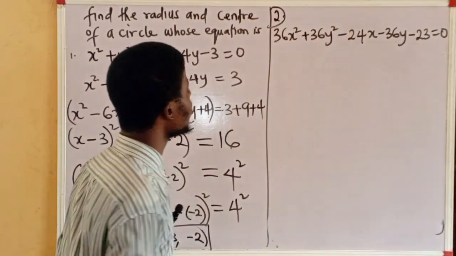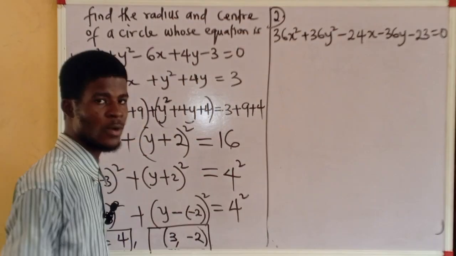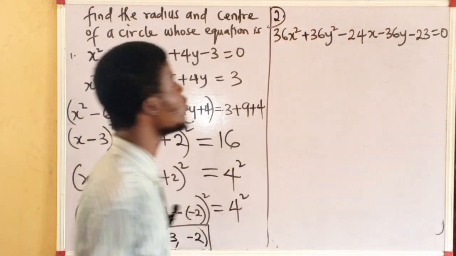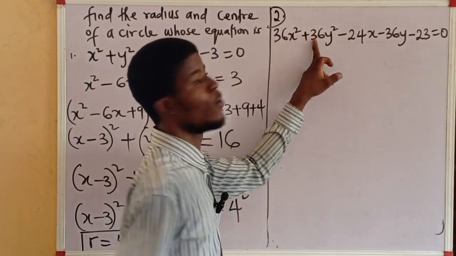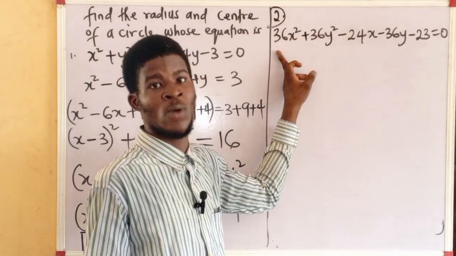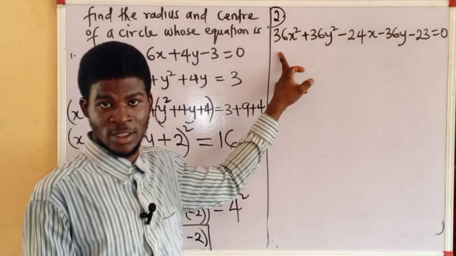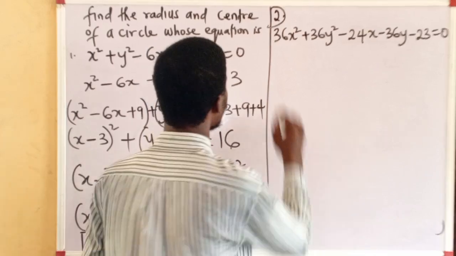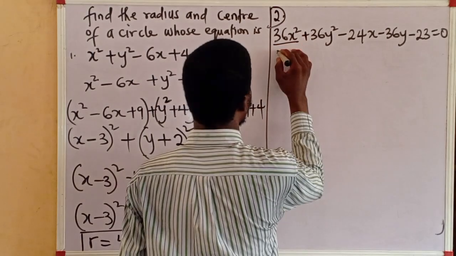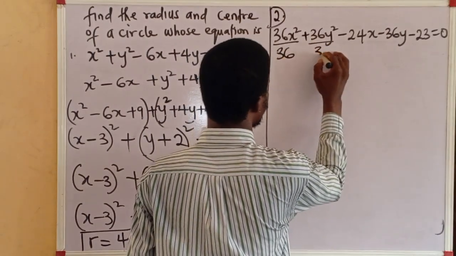So when we have an equation of a circle like this, what we'll do is divide all through by the common coefficient of x squared and y squared. In this case, it is 36. So I'm going to divide all through by 36, x squared all over 36, y squared all over 36.